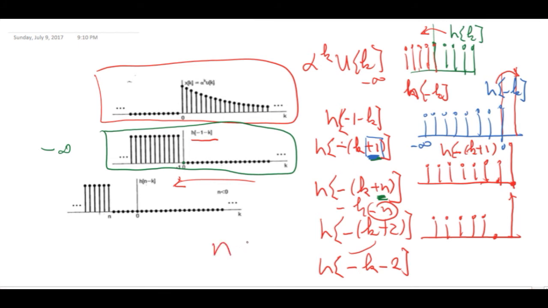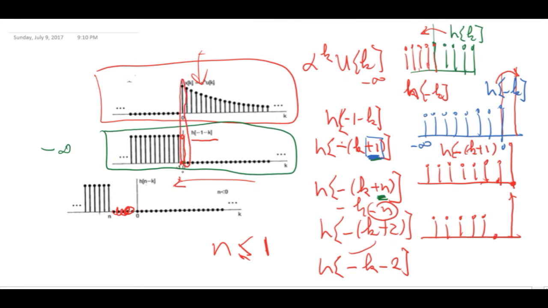When n is less than or equal to 1, we have all the 0 points here, so there won't be any overlapping with this particular waveform, because when n is equal to 0, we still have one overlap here.